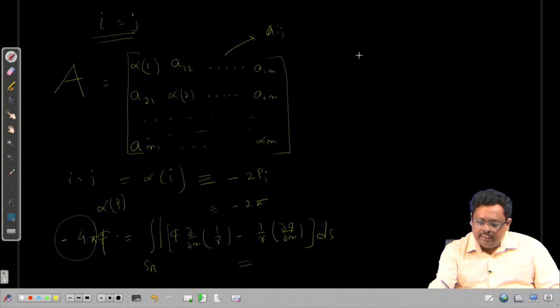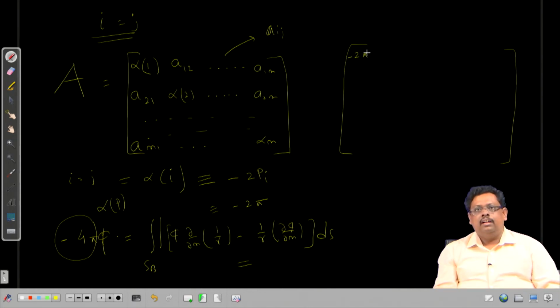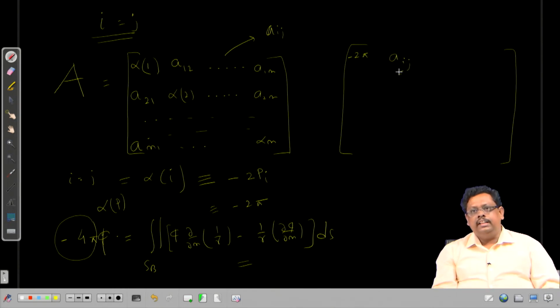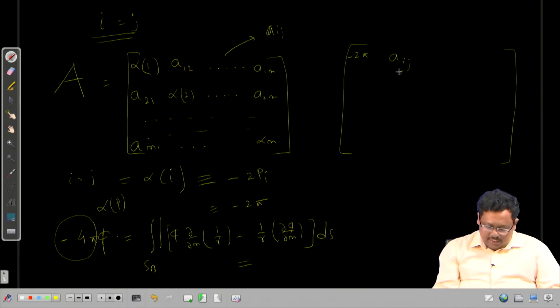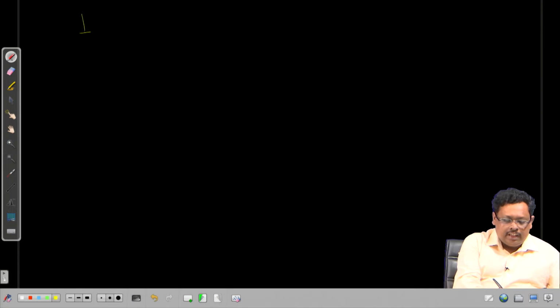So, this entry always becomes minus 2 pi when i equal to j. Okay. And then when i not equal to j, I have to do this A_ij part, right. So, now I first need to write my influence matrix.